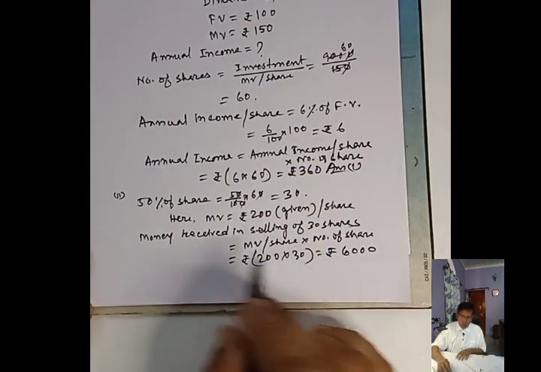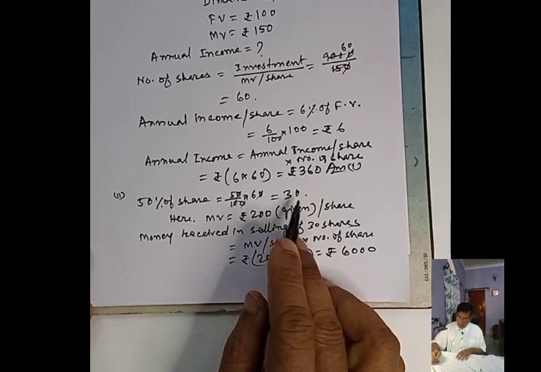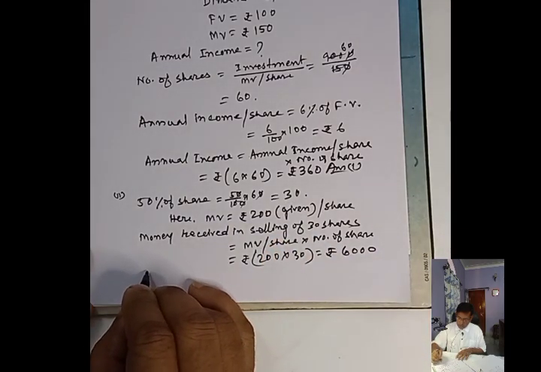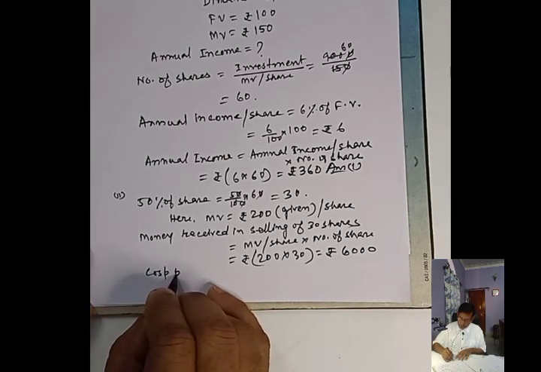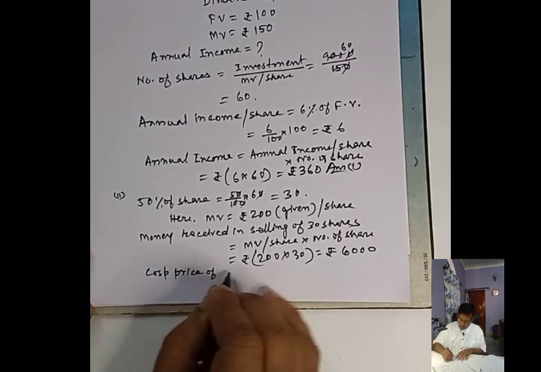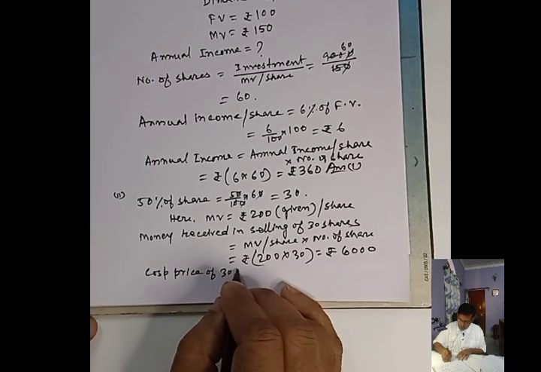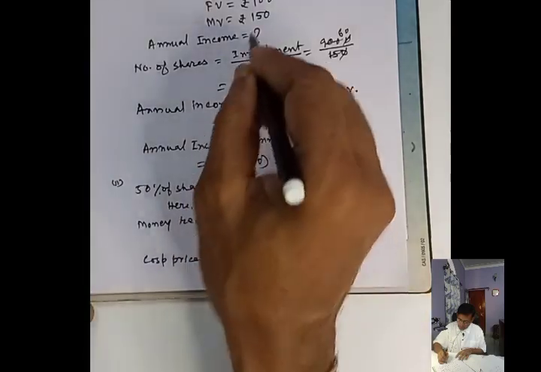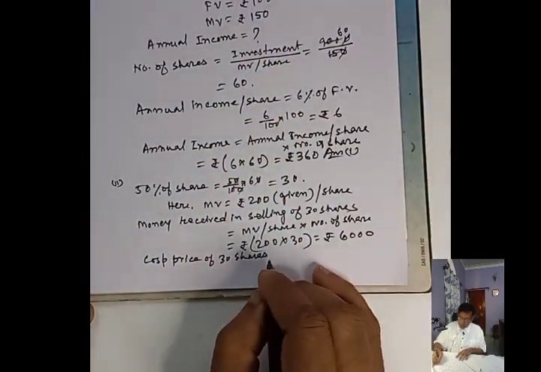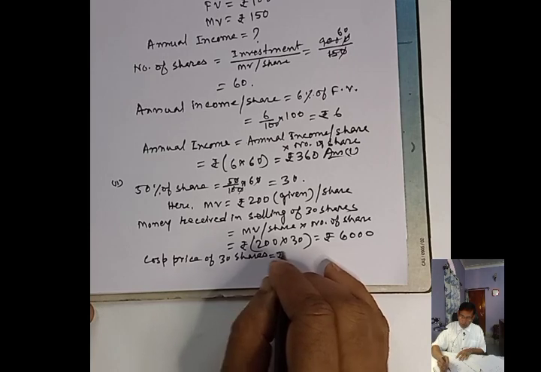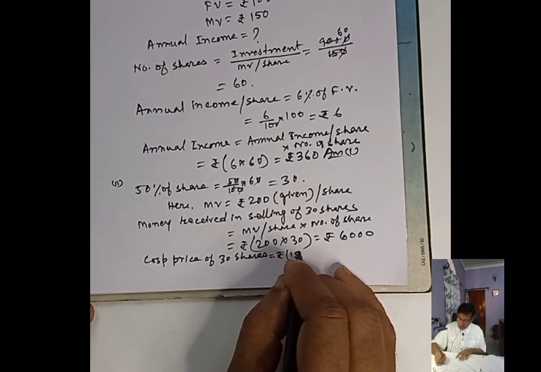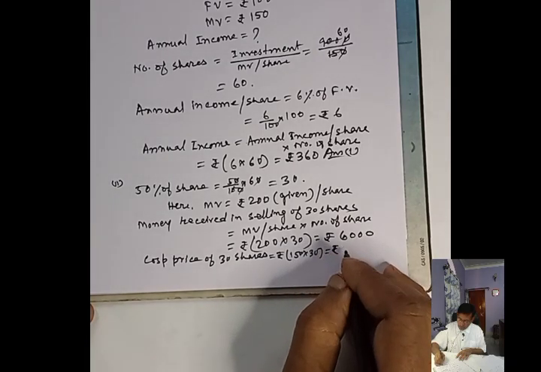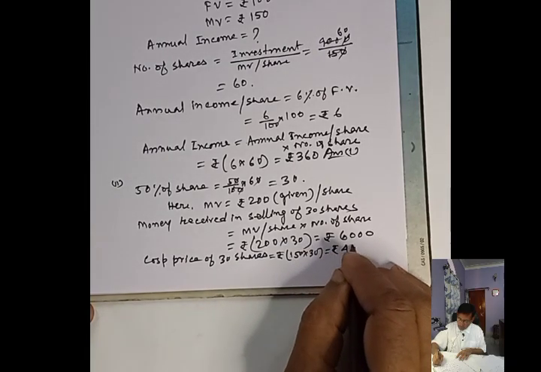So for these 30 shares, at which price did he buy? So the cost price of 30 shares: he bought at the price of 150 rupees. 150 into 30 is equal to rupees 4500.